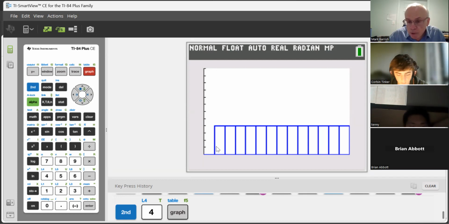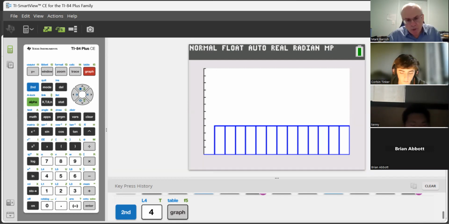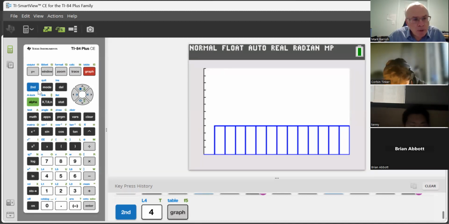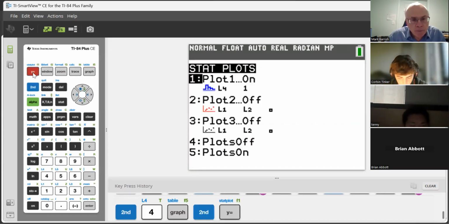And this is symmetric, but it's not bell-shaped, is it? Bell-shaped is what the central limit theorem that we talked about last time says we're looking for in a sampling distribution.